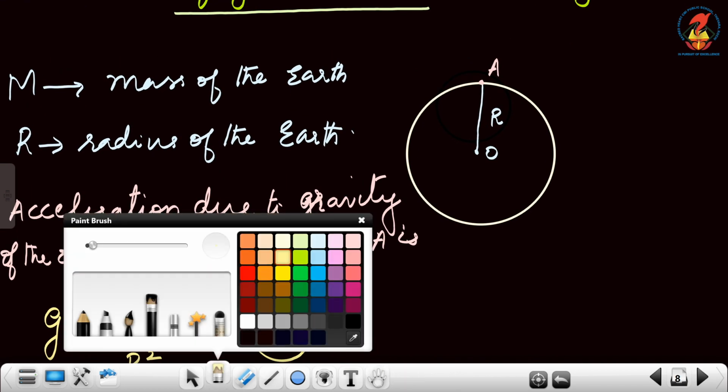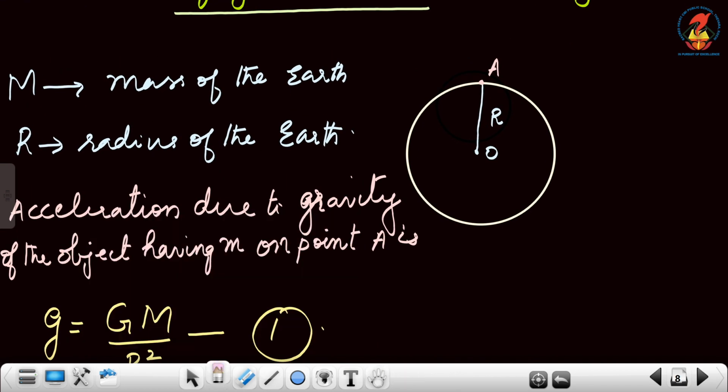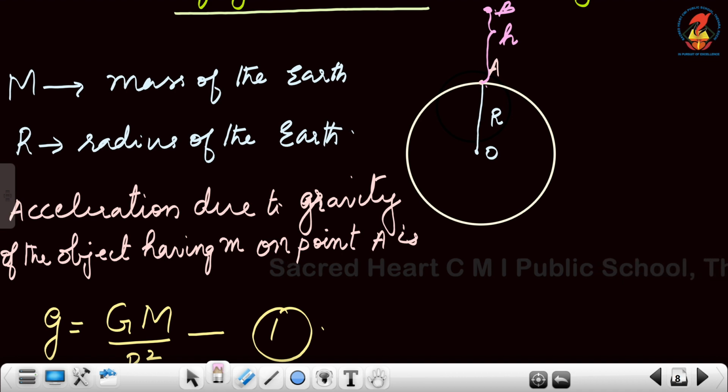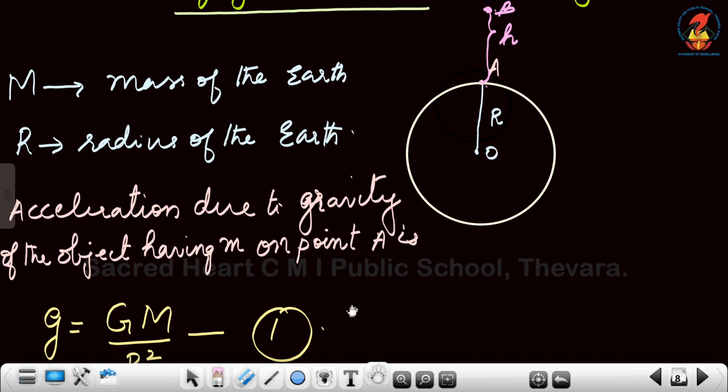Now what I am going to do is, I am going to take this object and place it at a height h from the surface of the earth at point B. So now I have kept the object at point B, which is at a height h from the surface of the earth, or distance R plus h from the center of the earth.